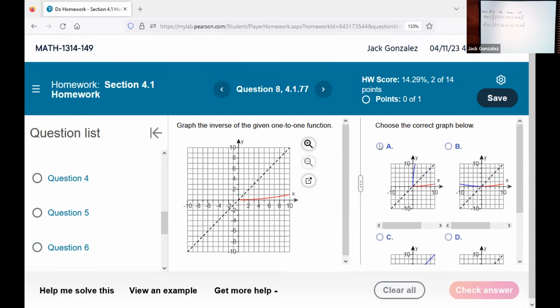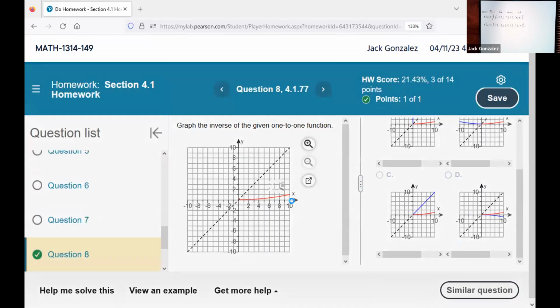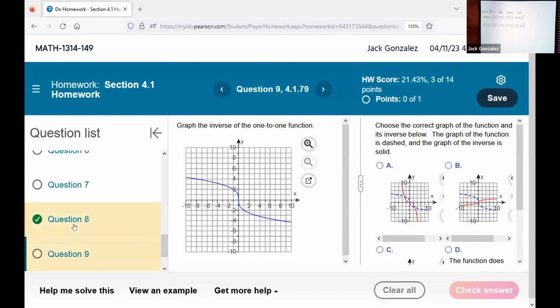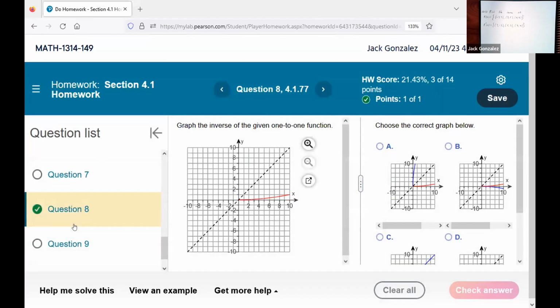Yeah, I think you're right. Do you see why? So the red one is like your F. And we're swapping all the X, Y points on here.